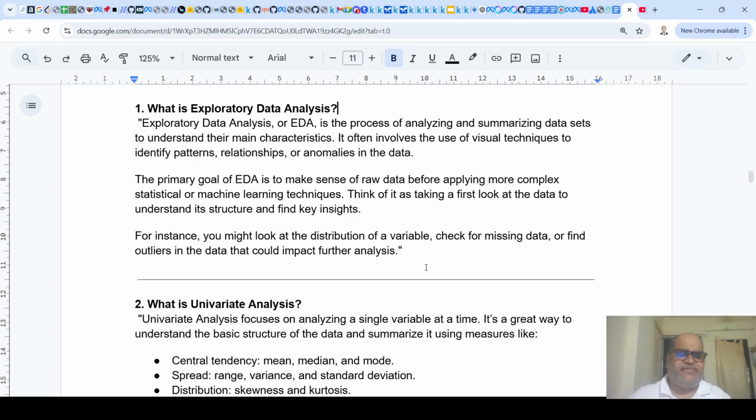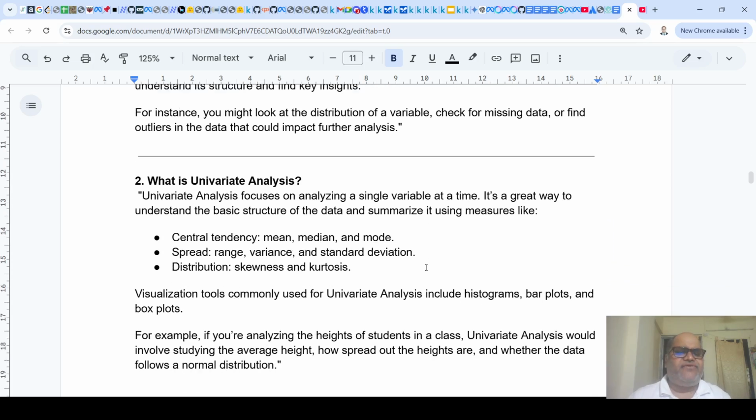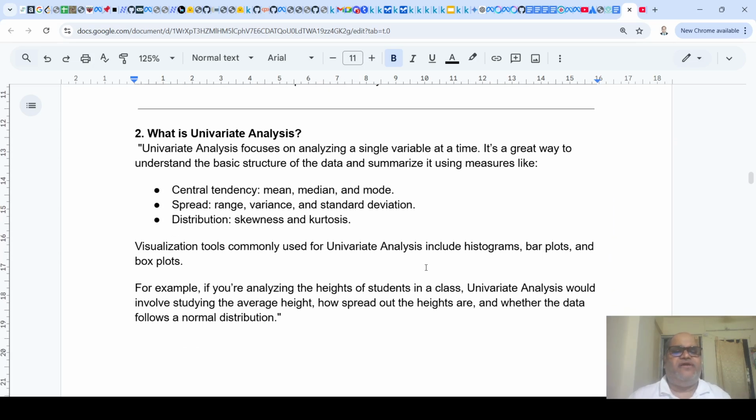So in that sense, we'll start with something that we call univariate analysis, right? Univariate analysis is typically when in your data set you have, say, multiple variables.